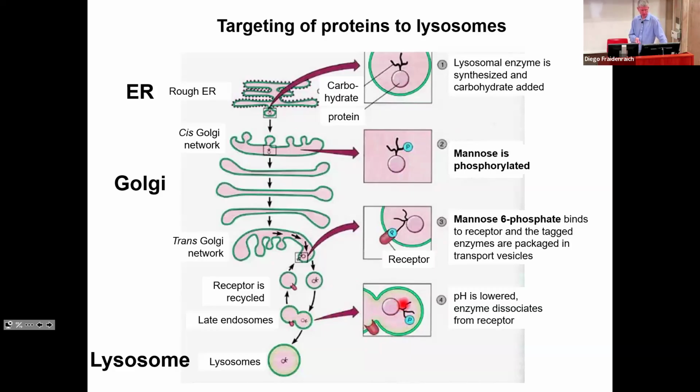The receptor itself is then detached and moves back to the trans-Golgi network to pick up other proteins with this phosphorylated mannose. So you see here there is a signal, in this case phosphorylation on the sugar component, to get proteins into a certain compartment, besides a signal sequence in the amino acid sequence. In this case, it's a sugar component.